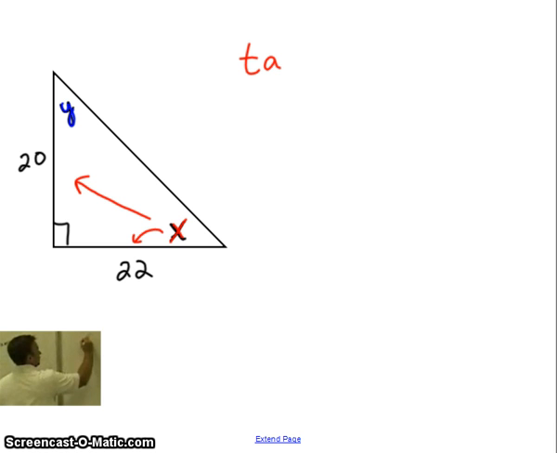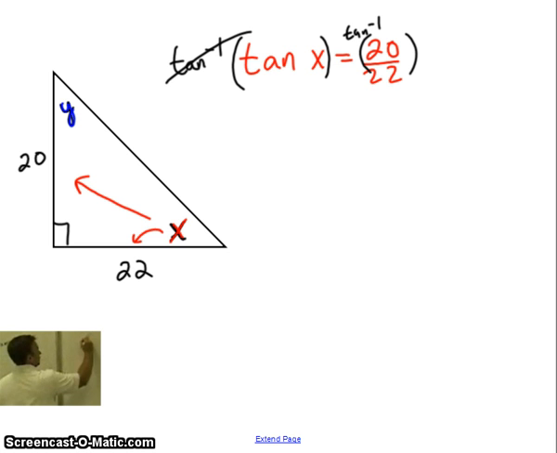Tangent X equals opposite over adjacent. Let's say I want to solve for X. I multiply by tangent inverse. So these cancel out. I'm left with X equals tan inverse 20 over 22, or 10 over 11.